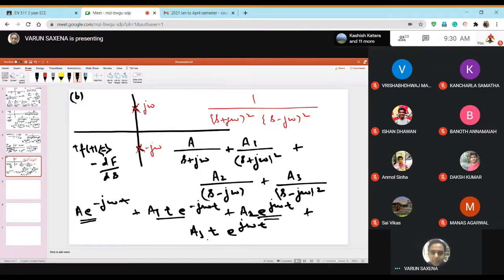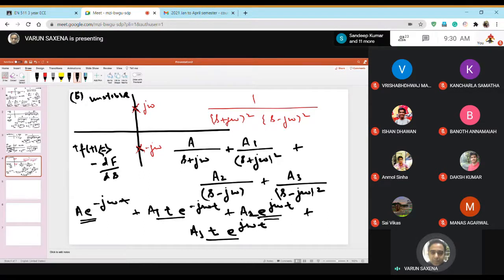So t e^(-jωt) is unbounded, t e^(jωt) is also unbounded. So fundamentally the function is unstable. So this was the problem that I asked: why do you think that multiple order purely imaginary roots are going to be a problem for us? And this is the reason why they're going to be a problem for us.